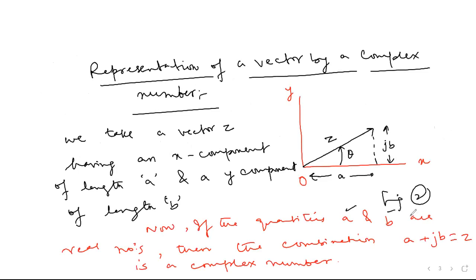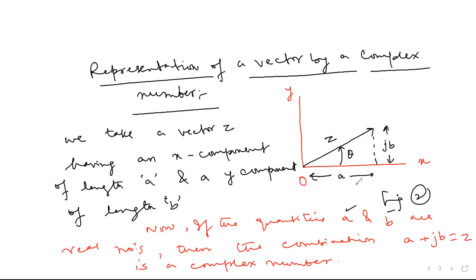So you can use both interpretations. So if we have a complex number a plus jb, it is actually geometrically a vector z with this interpretation, that it is making angle theta with the x-axis and its tan theta is b by a, right?